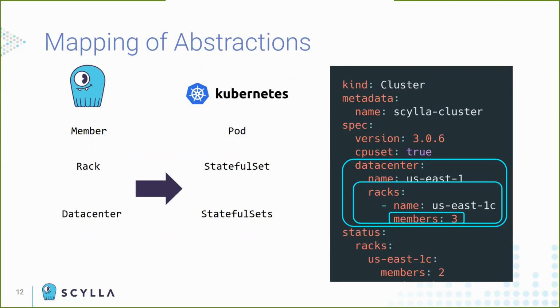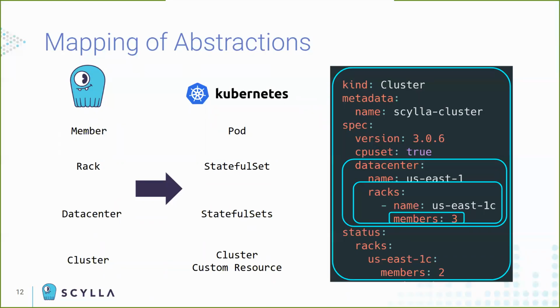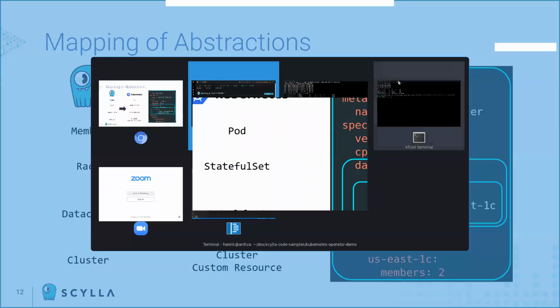And all this is baked together in the cluster custom resource definition, CRD. You probably hear about CRDs a lot if you read Kubernetes documentation, or maybe you use them as well. So these are the abstractions that can be good to know when you read the documentation on the operator or Scylla and Kubernetes standalone in itself.